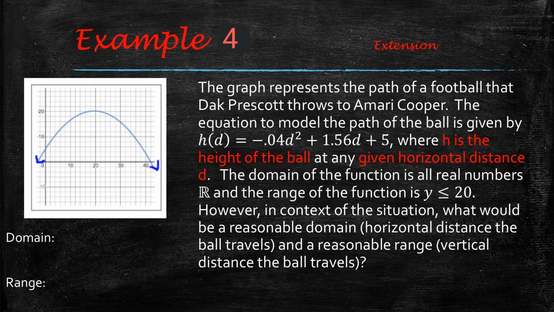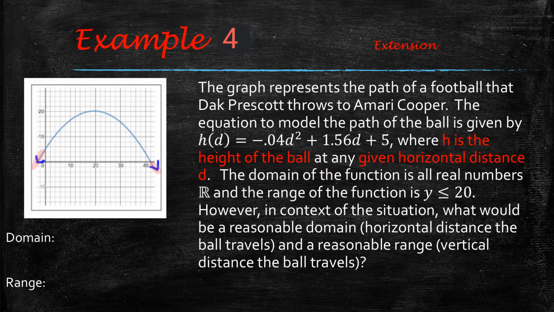Okay, so let's think about this in real world application. If you look at this graph, a part of the graph goes into the negative numbers. I see that this section over here is negative x values, and this part over here is negative y values.